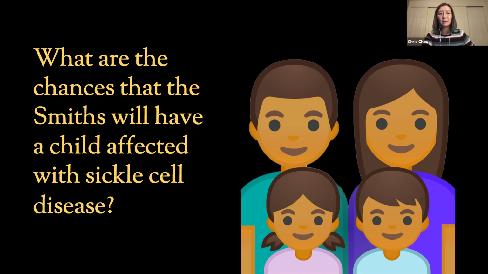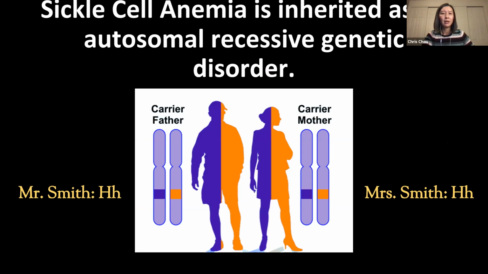And as they look at the potential projections of what those offspring could inherit, what are the chances the Smiths will have a child affected with sickle cell disease? And so students would take a look at their Punnett squares and identify that this disease is inherited as an autosomal recessive genetic disorder, where if you at least have 1 normal copy, it kind of overrides the negative effects of that abnormal copy.